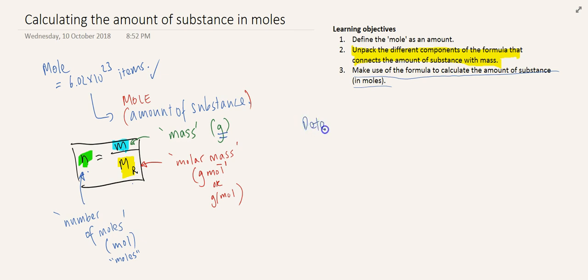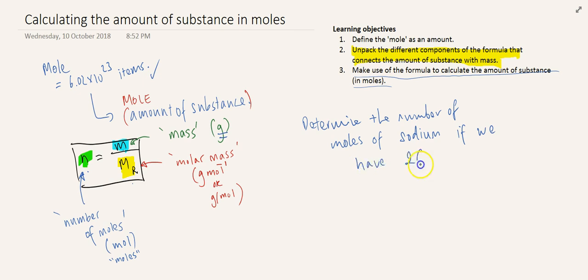So I'm going to write out this question. Determine the number of moles of sodium if we have 26 grams of sodium.